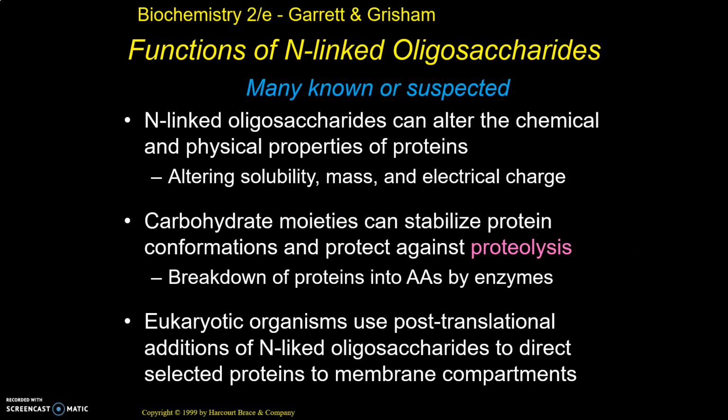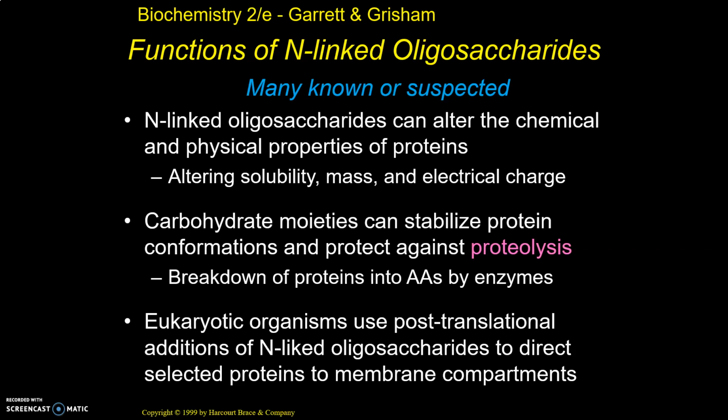They're able to stabilize these protein conformations because they act as sort of like an anchor, right? Think of a ship with an anchor. It drops anchor in the ocean to stabilize it. These carbs can act like anchors, and they can help protect the proteins from being broken down by various enzymes.